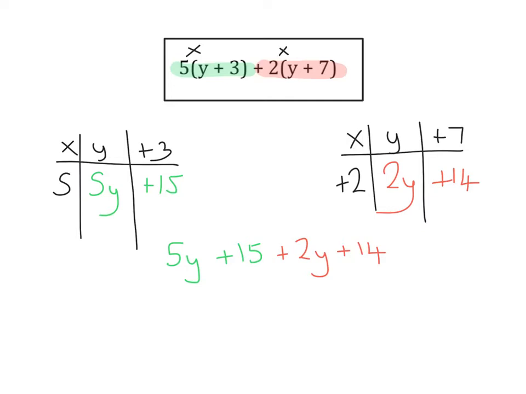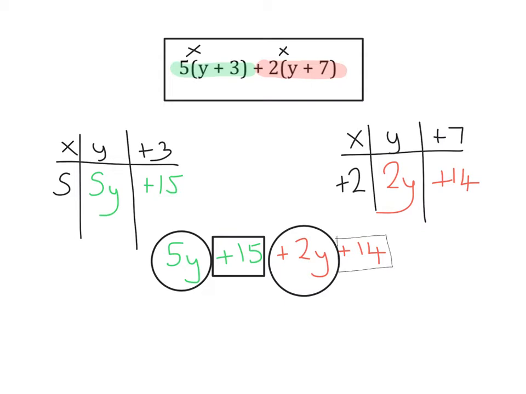So I'm going to put circles around my y's. And I'm going to put squares around my numbers. So my circles, 5y, add 2y, well that's 7y.